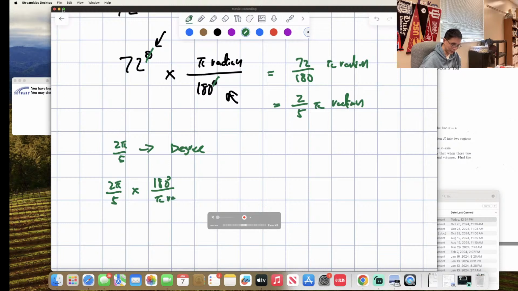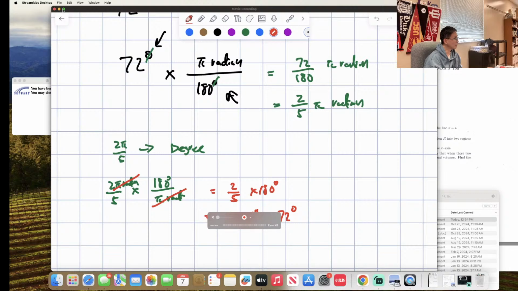Usually you just ignore the radian label because your teacher told you to ignore it, but that's not why. This pi radian cancels out. 2 over 5 times 180 degrees. That means 180 divided by 5 is 36, times 2 is 72 degrees. So you just convert 2 pi over 5 to 72 degrees, and 72 degrees to 2 pi over 5.